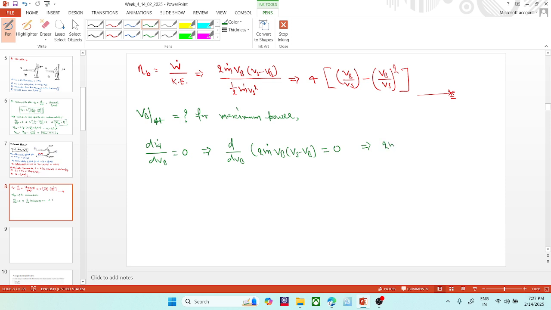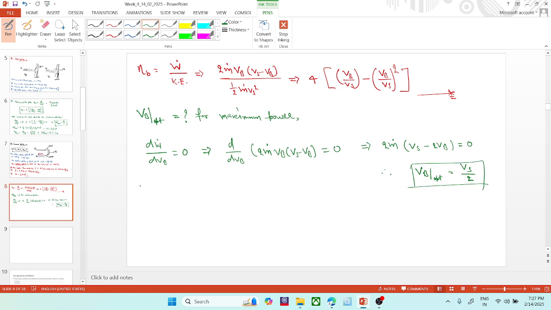It will come out to be 2m dot into Vs minus 2Vb equal to 0. So here also Vb optimum would be Vs by 2.